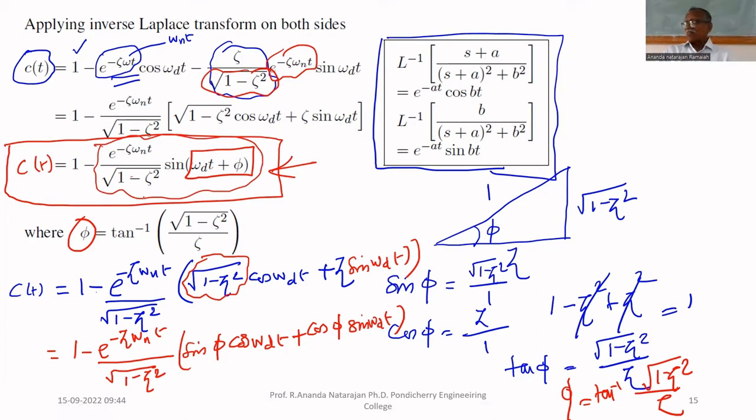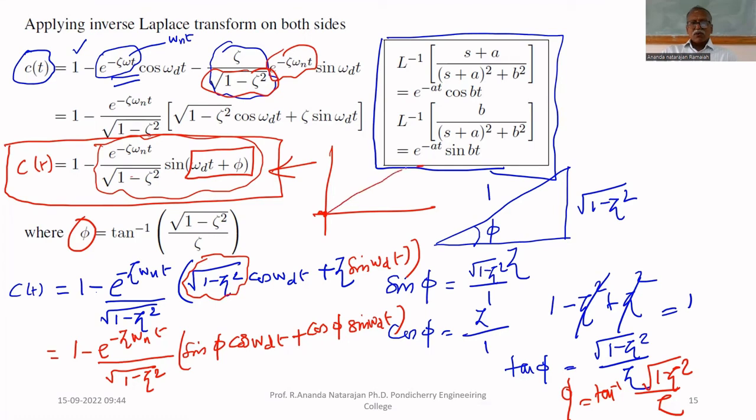So 1 minus 1 is 0. So the response will start at 0. Where will it end? We substitute t equal to infinity. e power minus infinity equals 0, so the entire term becomes 0. Therefore, it is equal to 1, so it will settle at 1.